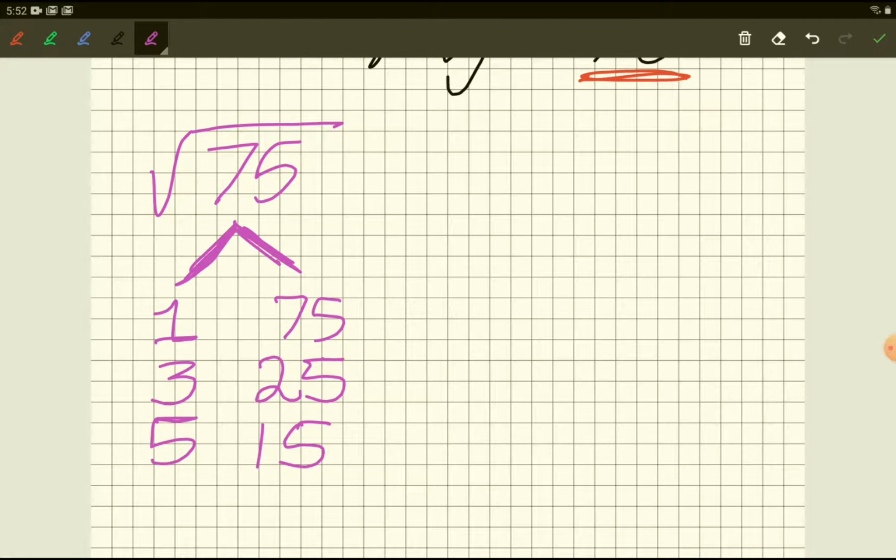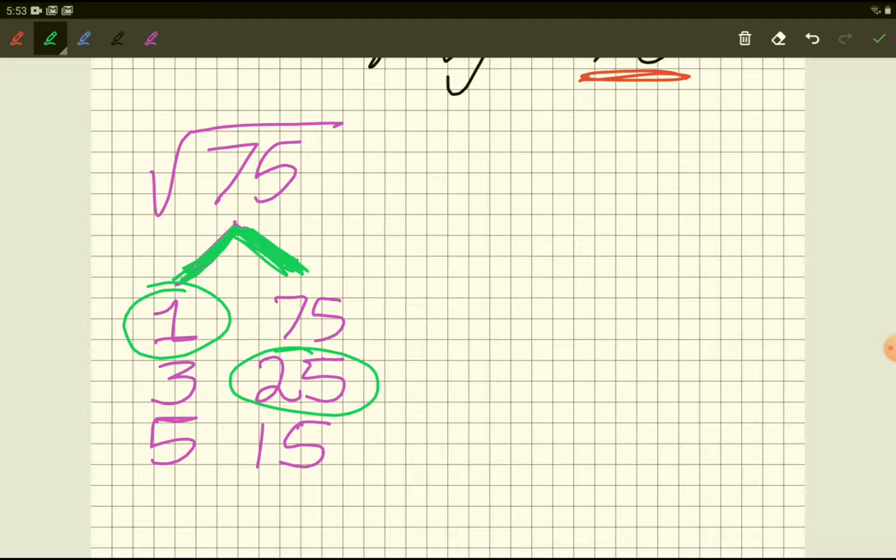Alright, so now we're finished with our tree. Make it green, like trees. Now the goal is to circle all your perfect squares. This is where that list comes in handy. So that's a perfect square, and that's a perfect square. And those are all the perfect squares.